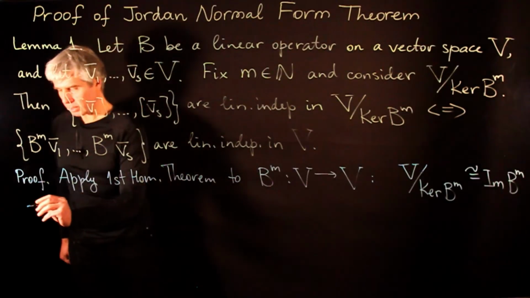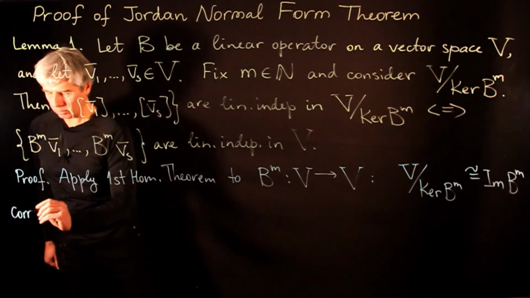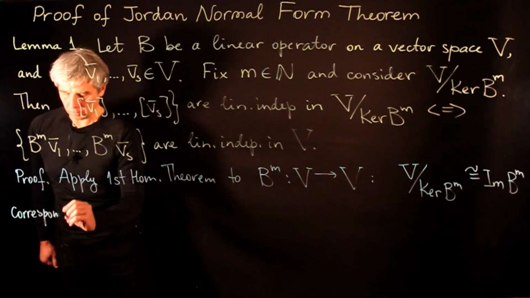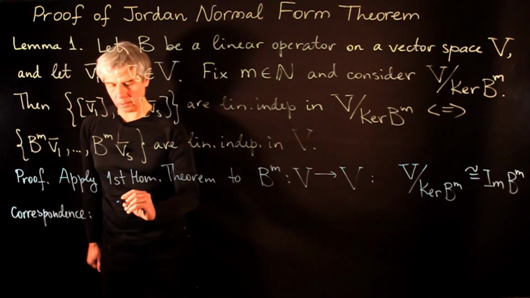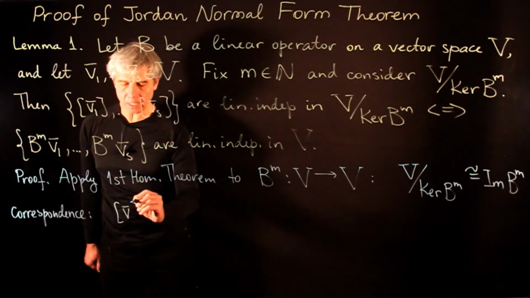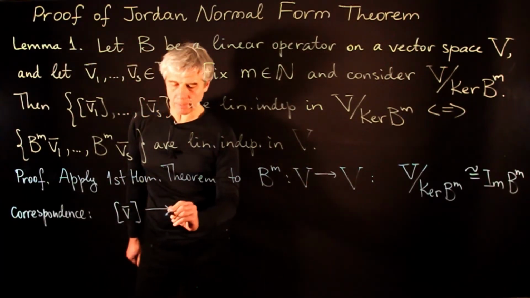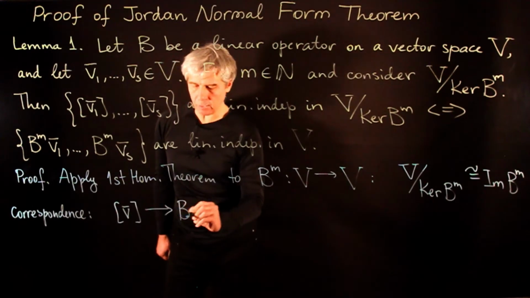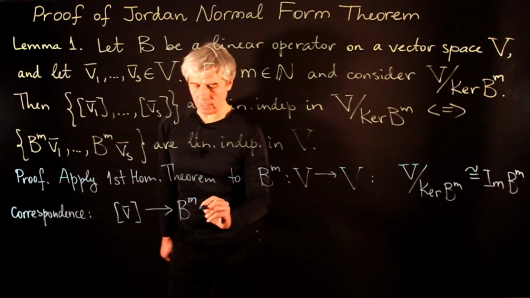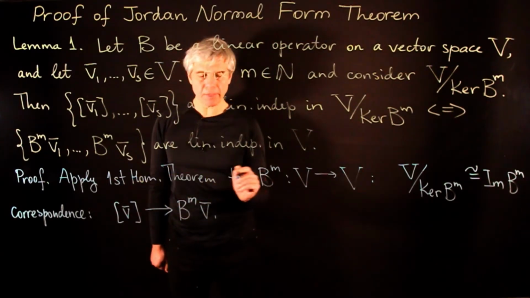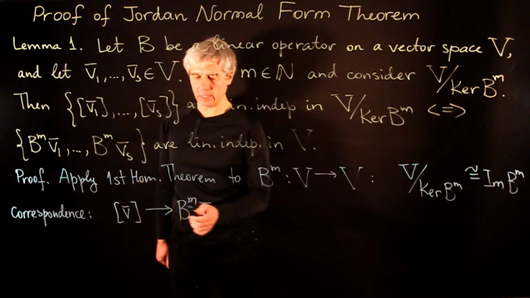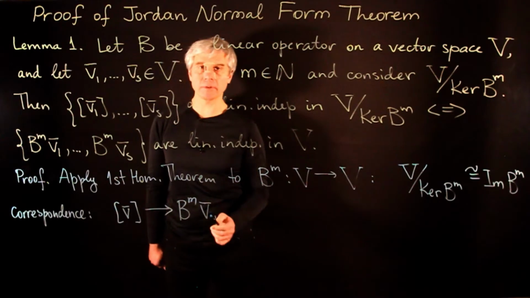The correspondence between these two spaces is given in the following way. A class of a vector V is being mapped to the image of V under B to the power m. The first homomorphism theorem says that this is a linear transformation and an isomorphism.